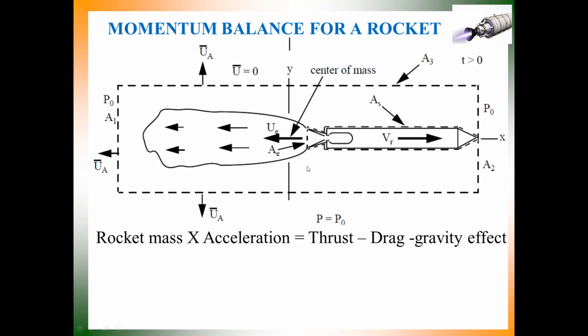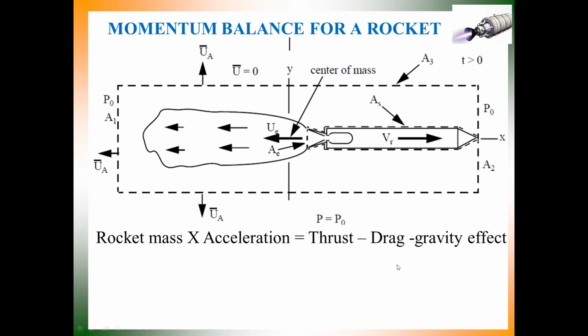What we are saying is momentum conservation or mass conservation. On that, rocket mass times acceleration gives us thrust minus drag minus gravity effect. Thrust is the only force which gives forward motion, and the others are denying motions.